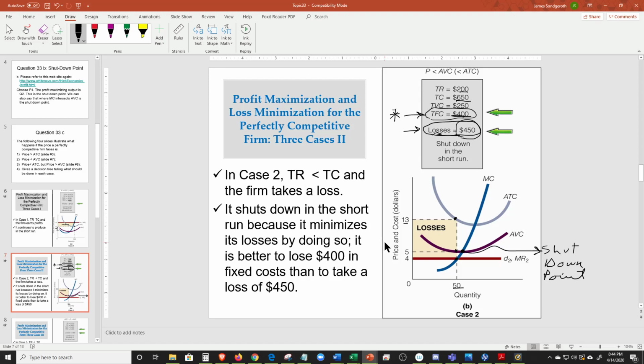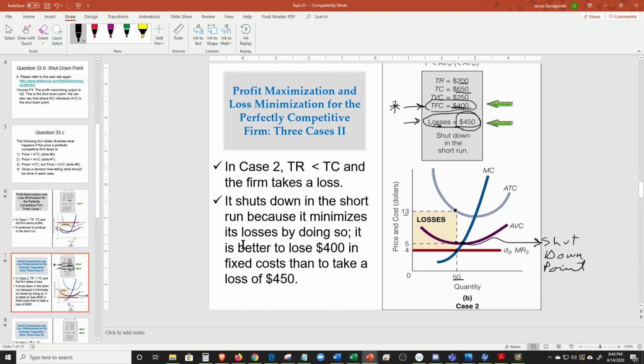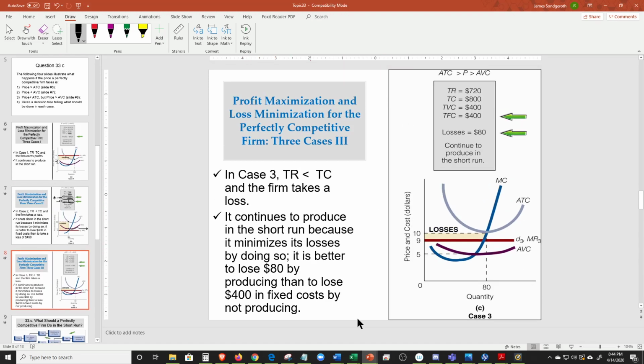Very good. And let's take a look at one other graph. And this is where the price falls somewhere between the low point of the average total cost curve and the average variable cost, somewhere in between, somewhere like $9.